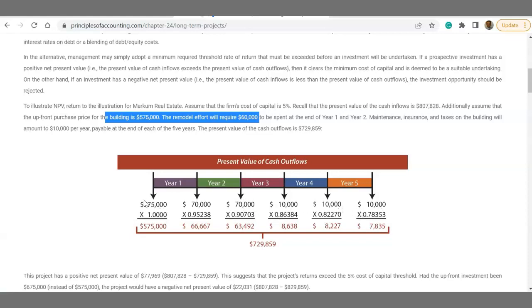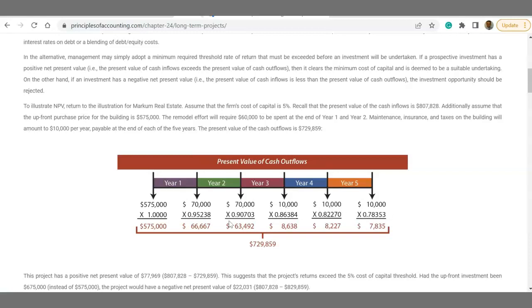They have to spend $575,000 to purchase it, $60,000 plus $10,000 for taxes and insurance, so 60 plus 10 each year, and that's during year 2, and then 10,000, 10,000, 10,000.